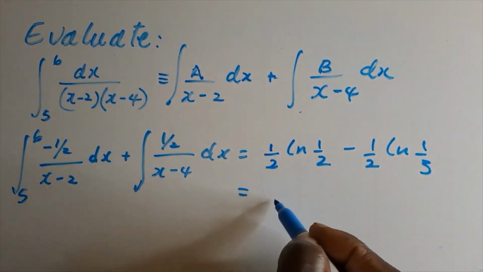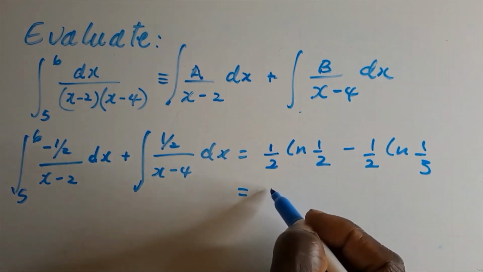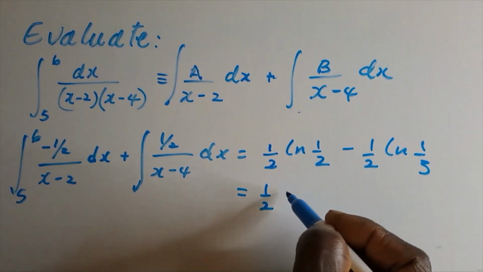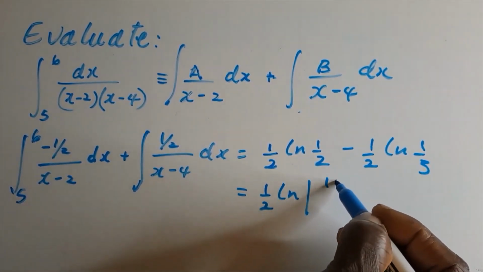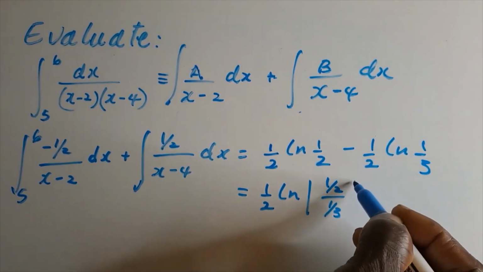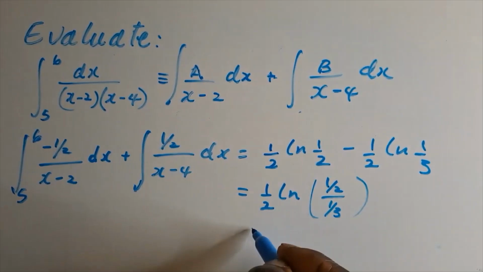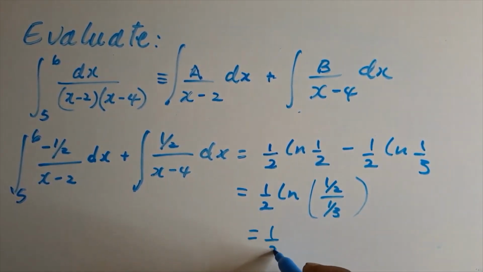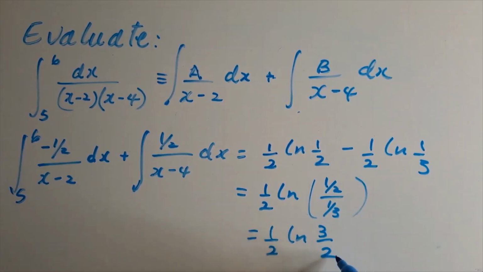Again, applying the law of logarithms, we have this written as a half ln of a half over a third, which finally is a half ln 3 over 2.